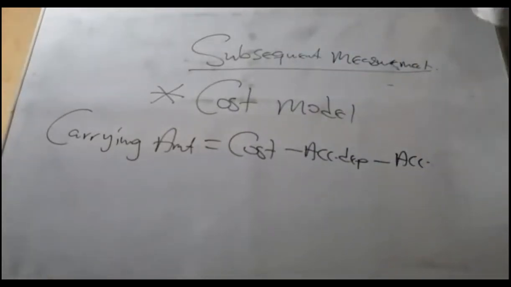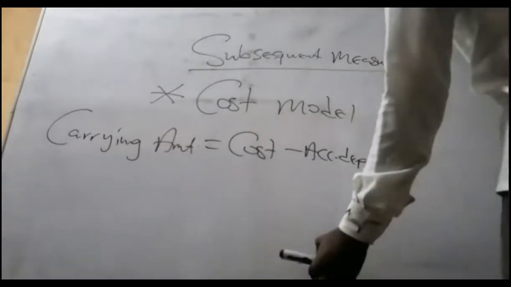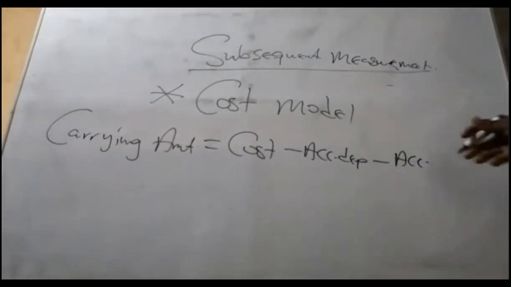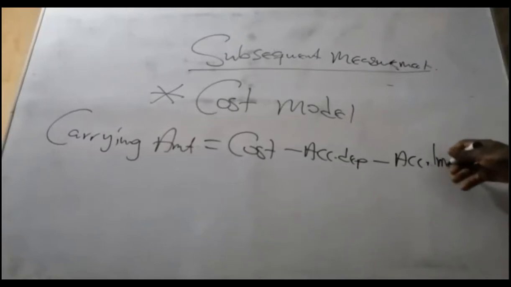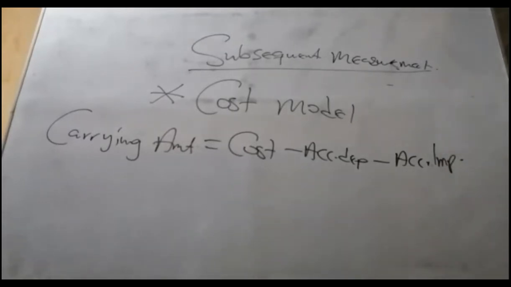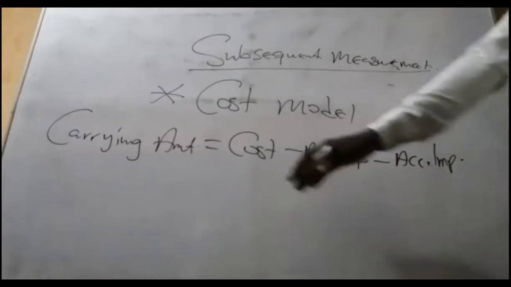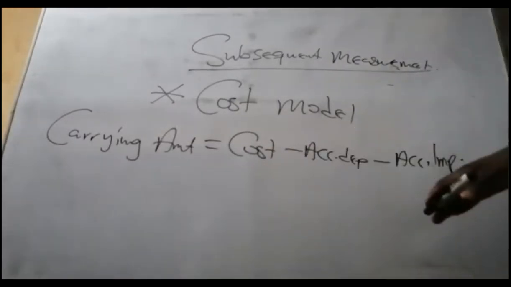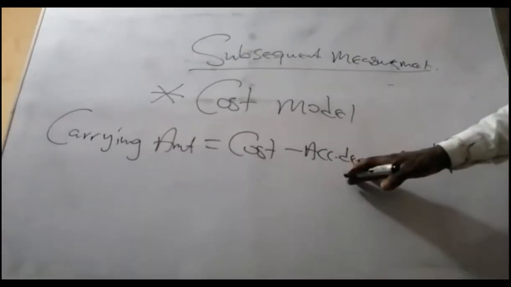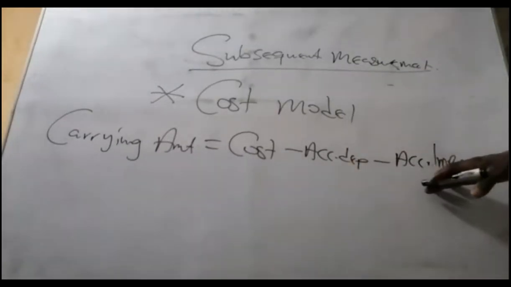Good. So that's what the cost model is saying: if you want to get the carrying amount of the asset, bring the cost of the asset, less any accumulated depreciation, less any accumulated impairment loss.